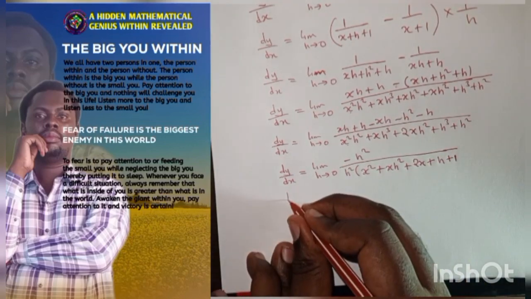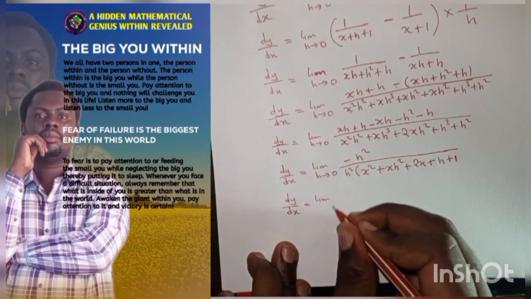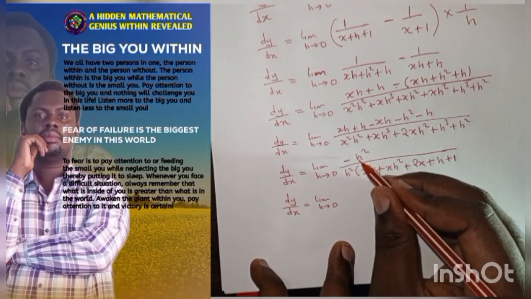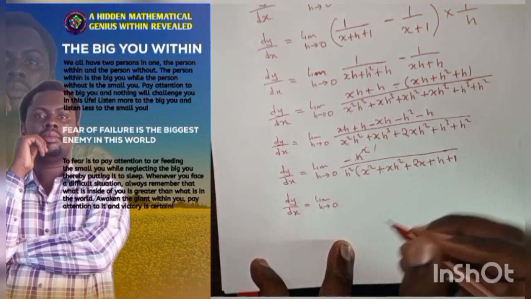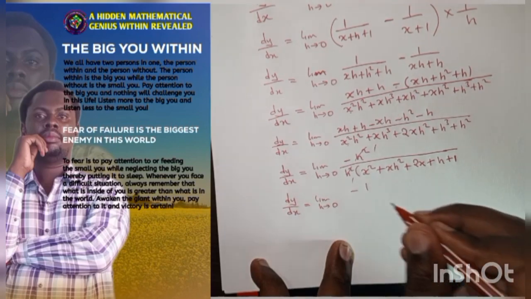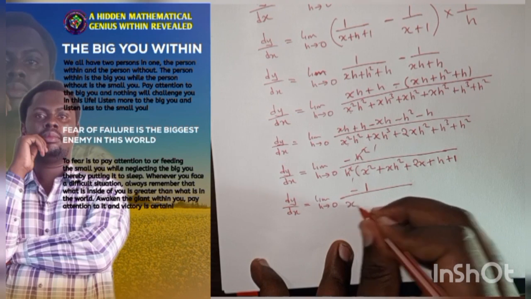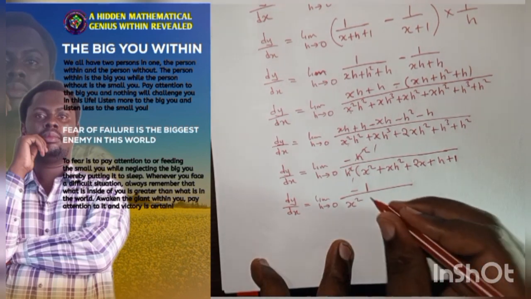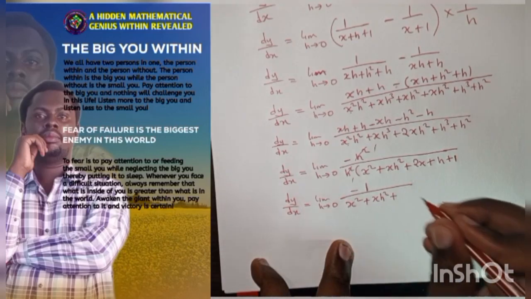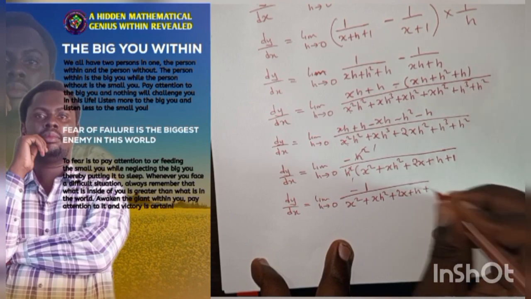So we are going to have dy/dx is equal to the limit as h approaches 0 of, so h squared and h squared is 1, and there 1, so we are going to have negative 1, that is minus 1, over, we have x squared plus x h plus 2x plus h plus 1.